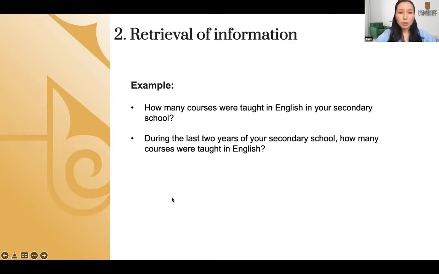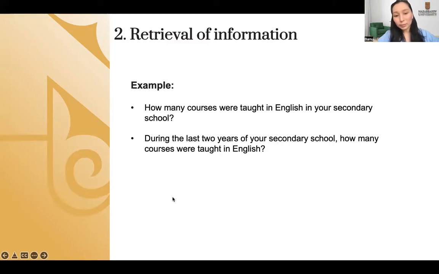For the first question, it is ambiguous. What time period should the respondent think about: the entire secondary school experience, the recent secondary school experience, etc.? Whereas when you specify the time period, it will be much easier to calculate the average of how many courses were taught in English.